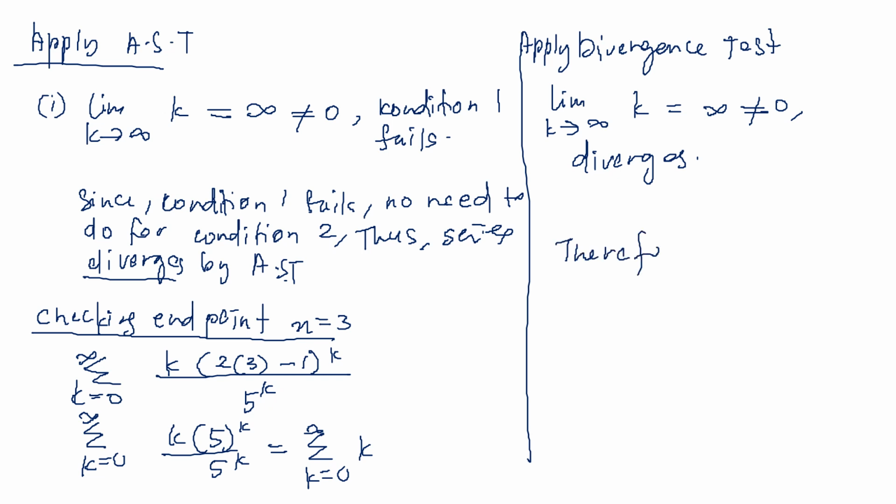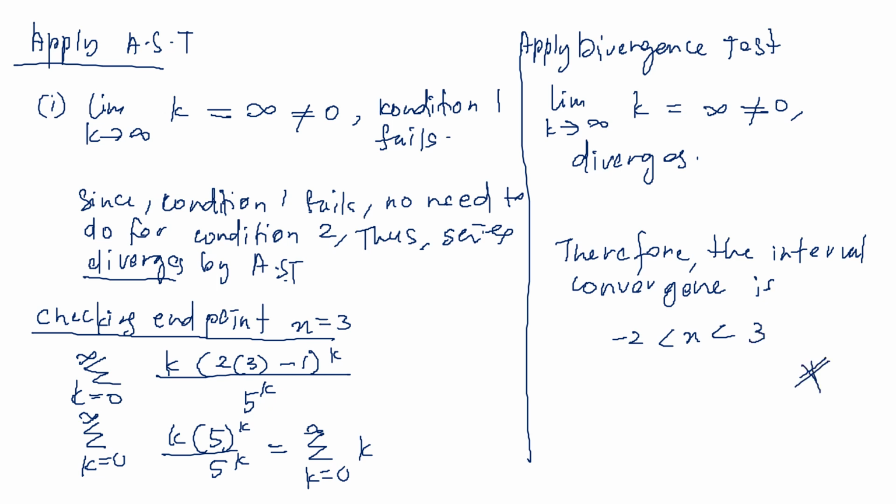So the conclusion for the power series here: therefore, the interval of convergence is x between -2 and 3, so both are not included. Okay, this is the final answer for this question. Right, so we continue.